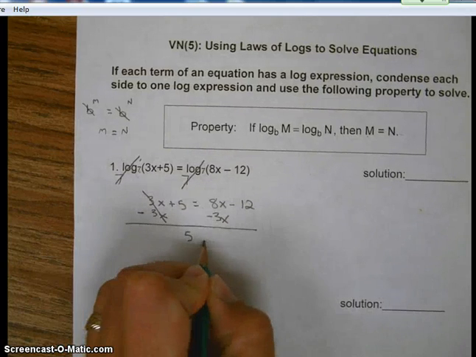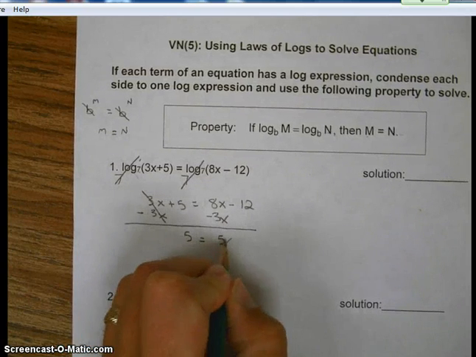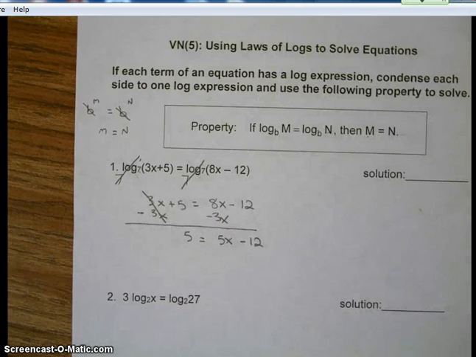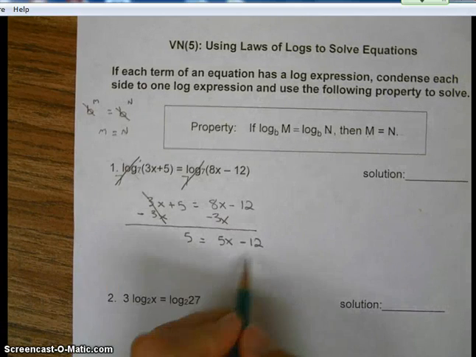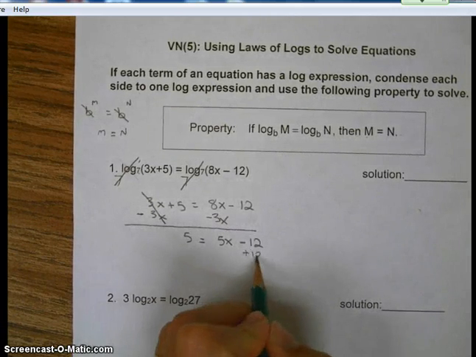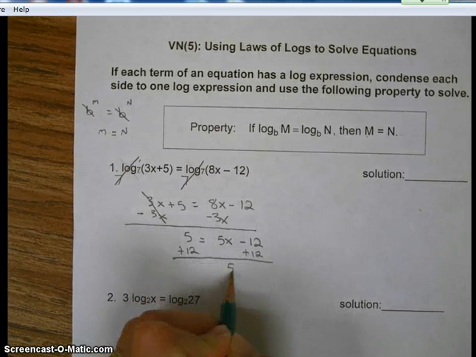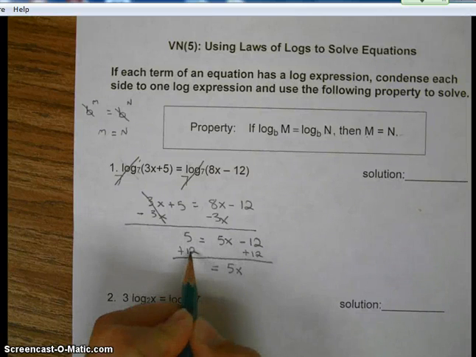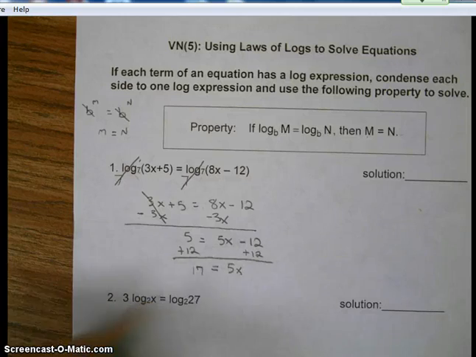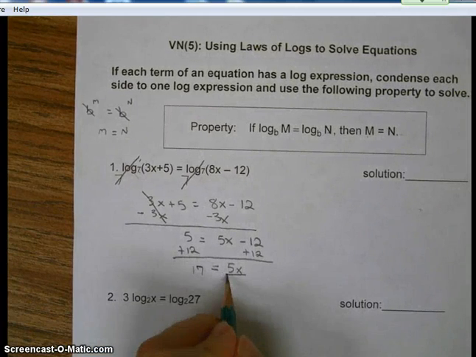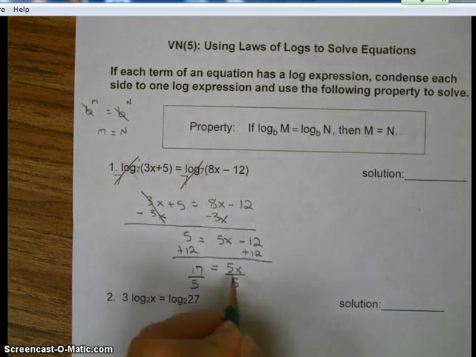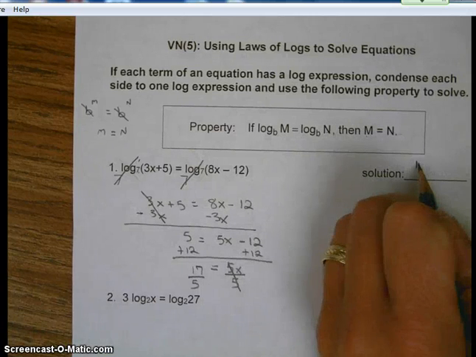So notice that my x is positive. Then we add 12, divide by 5. So x is 17/5.